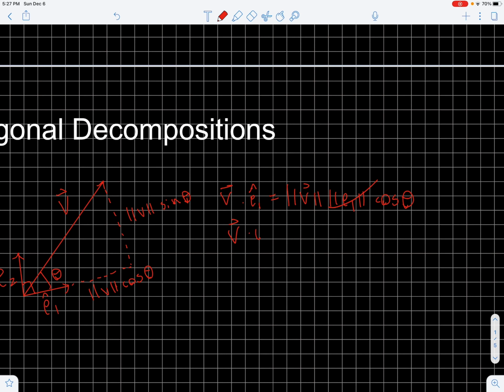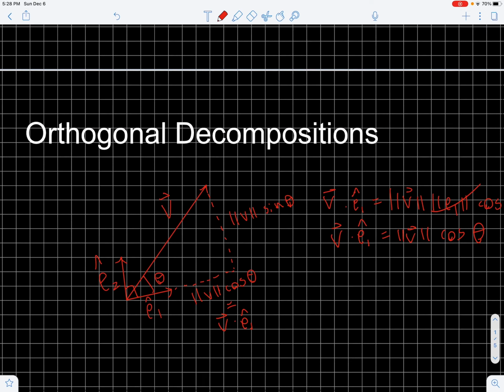Well, the norm of e1 is just 1, so I know v dot e1 hat equals norm of v cosine theta, which means that this piece right here is equal to v dot e1 hat.